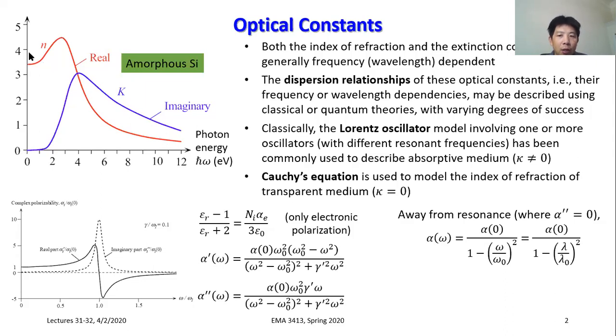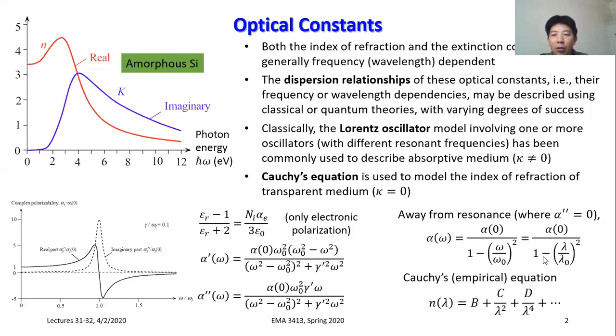Away from resonance, you can think the resonance is at this frequency, and you're very far away, so you are looking at this portion of the polarizability. Just using this classical theory, you can see that the imaginary part is almost 0, and you have the real part, which has this kind of wavelength dependence, okay?